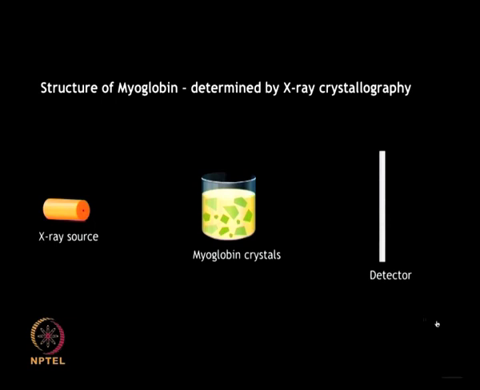When a beam of X-rays was passed through the crystals of myoglobin, some part of the beam was found to pass straight through, while the others were scattered in different directions.